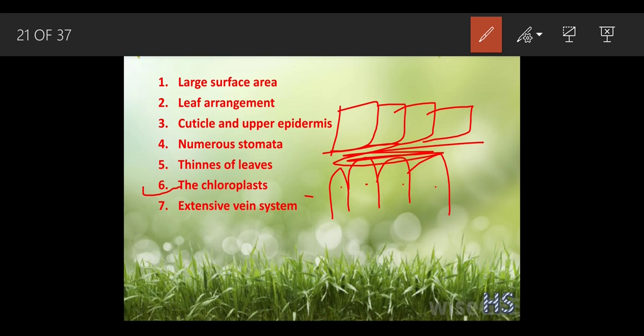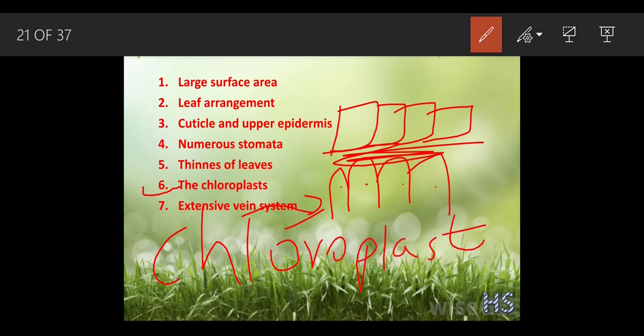This is the palisade mesophyll. What is there inside the palisade mesophyll? There is an organelle, the chloroplast. What is the function of the chloroplast? To absorb as much sunlight as possible. If they absorb much sunlight, definitely the rate of photosynthesis will be fast.